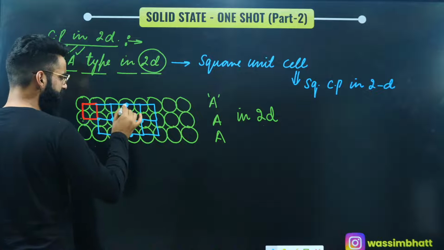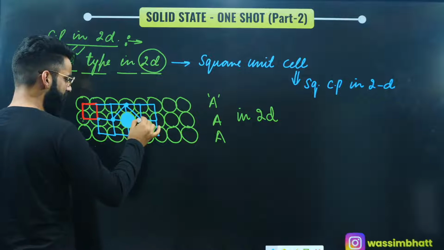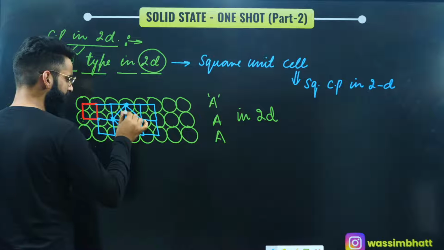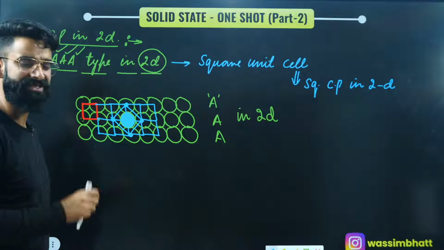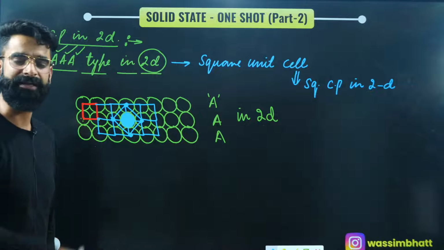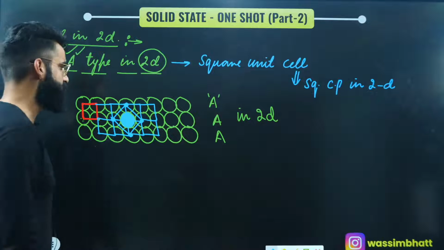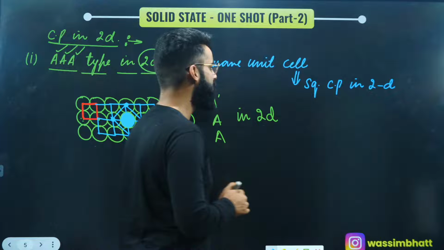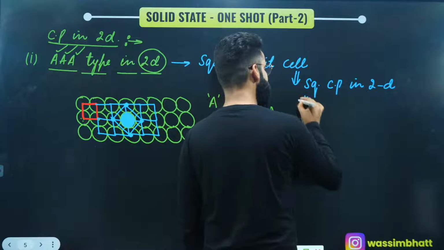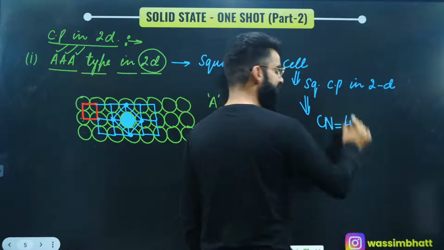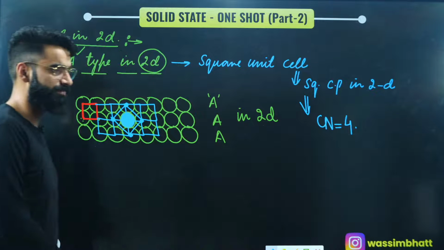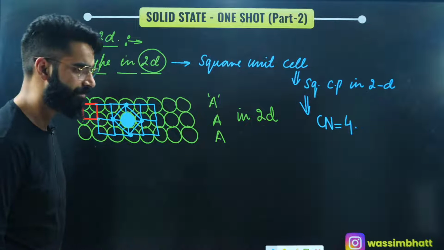These 4 particles are touching this particular particle simultaneously, right? And the number of constituent particles touching a particular particle simultaneously defines its coordination number. So what is going to be the coordination number of each particle in case of AAA type packing in 2D? It is going to be 4. I'm sure it's again clear to you, right?